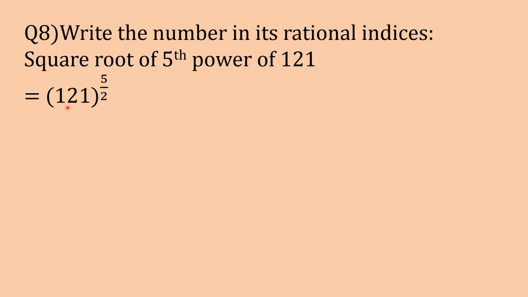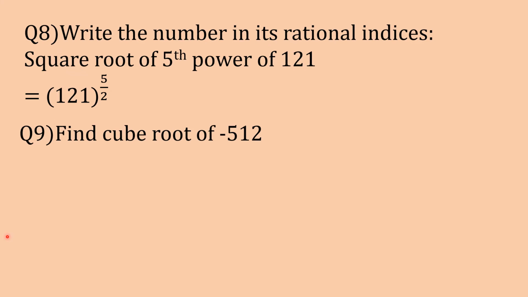So base is 121, then put bracket raised to fifth power. So 5 upon square root. Square root means 2. So 5 upon 2. This way you have to write rational indices. Okay. Similar sums would be there, students. So go through all such sums.